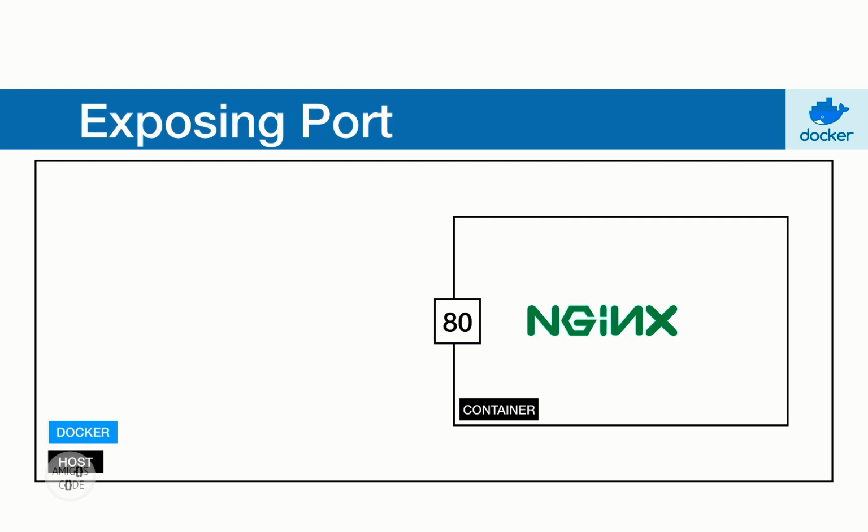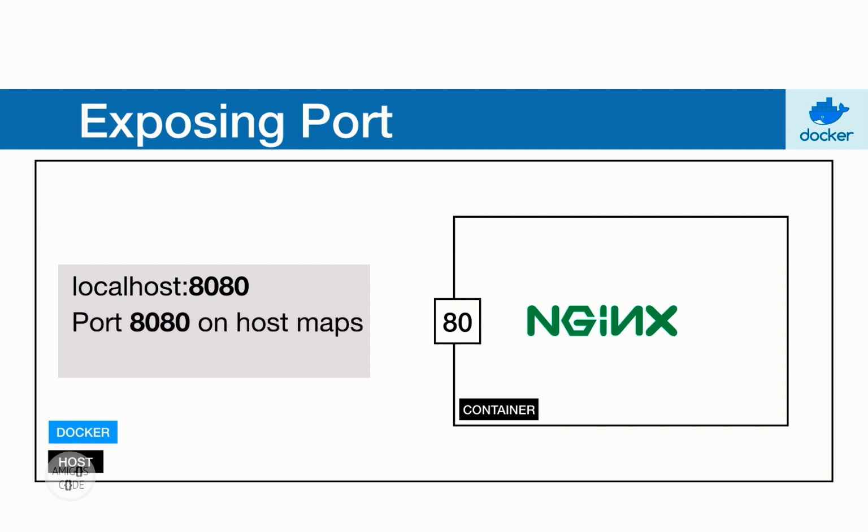So what we want to be able to do is from the host, issue a request to our container, which is exposing port 80. We want to be able to go to our web browser, type localhost 8080, and then that port 8080 should be mapped to port 80 on the container.